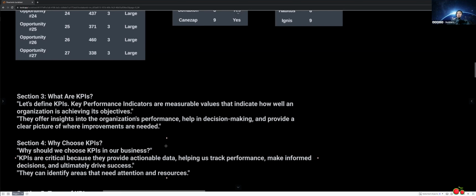The KPIs are critical because they provide actionable data, helping us to track performance, make informed decisions, and ultimately drive success. Now, they can identify areas that need attention and resources.